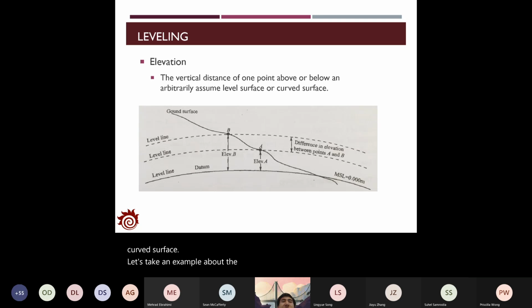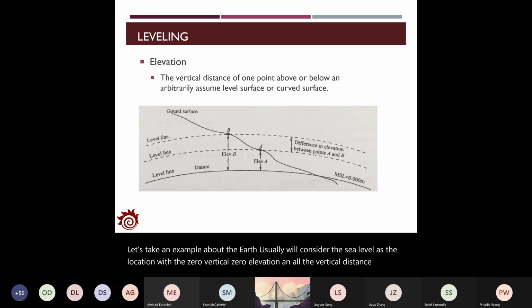Usually, we will consider the sea level as the location with the zero elevation, and all the vertical distance is estimated with respect to the sea level, or we say the baseline.